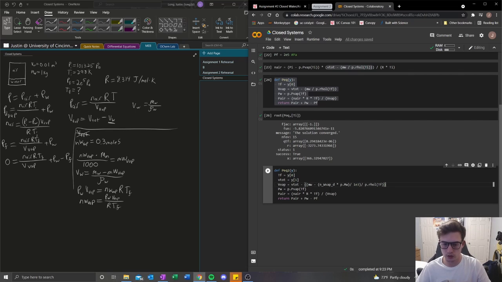So we are also going to need a new variable, because we have the desired number here, but we also need to know the actual number of moles of water vapor. So we're going to set that equal to what we have down here.